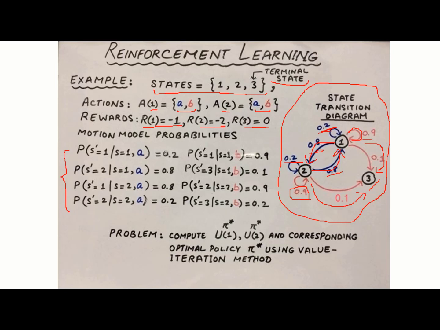And our job is to compute the maximum expected accumulated rewards U1 and U2 for the corresponding states, and we need to find out the optimal policy using value iteration.